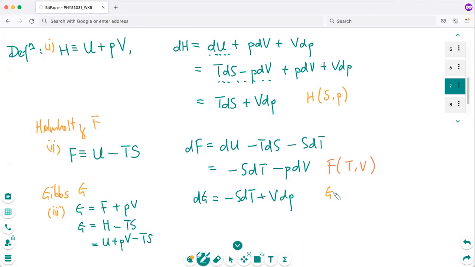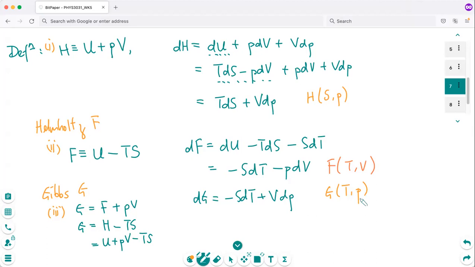This tells me the change in G is driven by the change in P and the change in T. When we discuss phase transition, this is very useful. In particular, we like to talk about the phase transition, for example, of water, H2O. And we know we can control, say, the boiling point by varying the pressure, right?